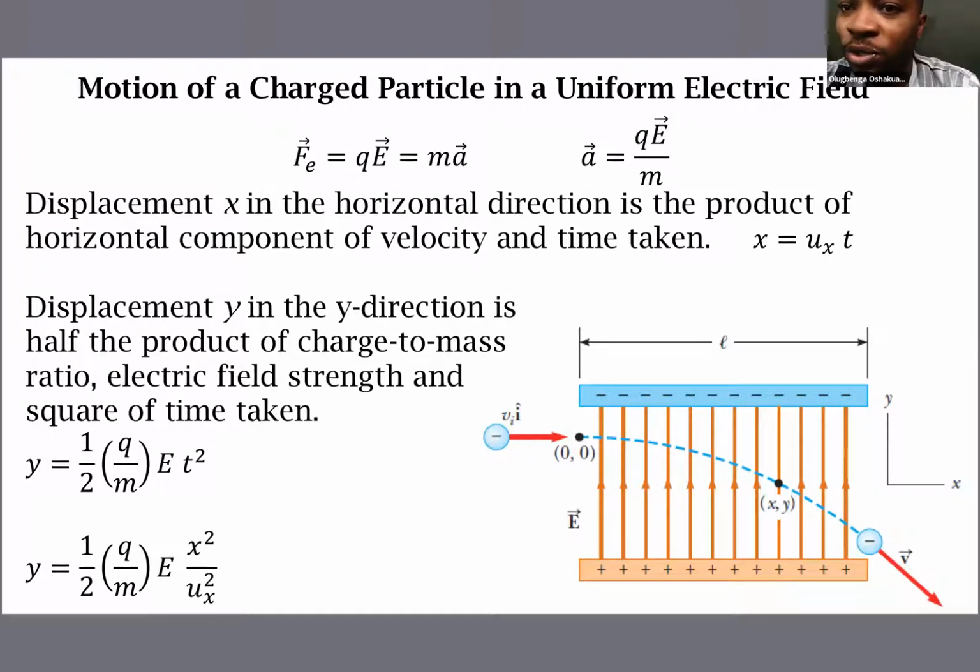Before it was coming in this direction, but on getting here, it began to bend downwards. The t we have here was obtained from this expression: t is equal to x over u_x, and then t squared is equal to x squared over u_x squared. Then we have y.